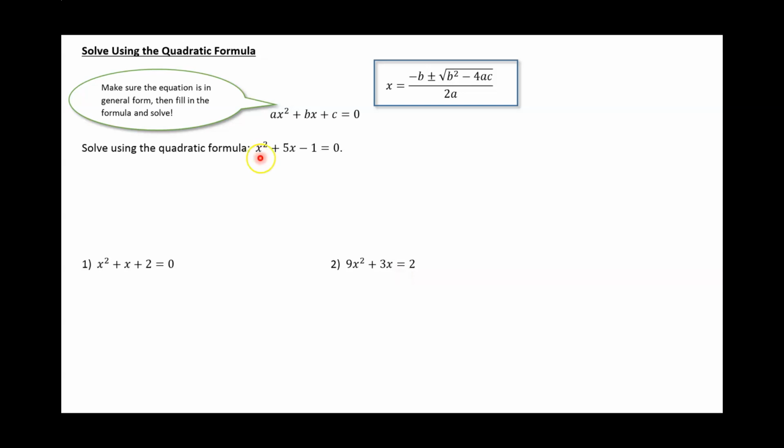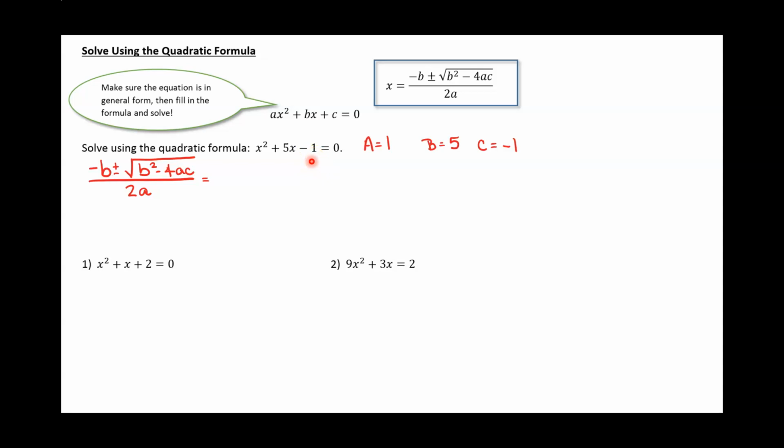All right, so if we look at this equation in comparison with the standard form, you can see that A would be 1, B would be 5, and C would be -1. So once I identify A, B, and C, then all I'm doing is just plugging them into the formula.